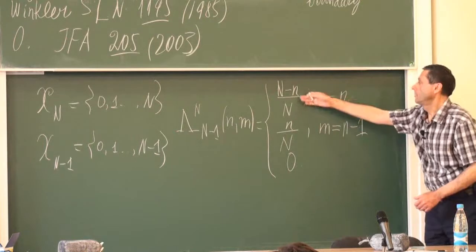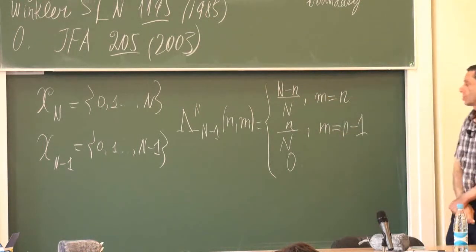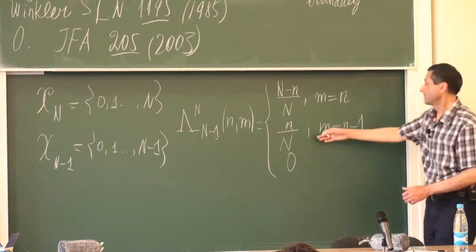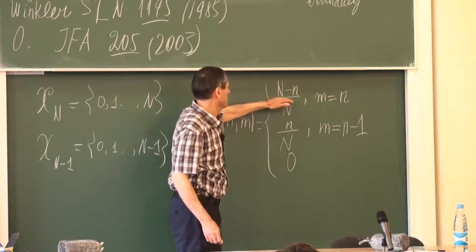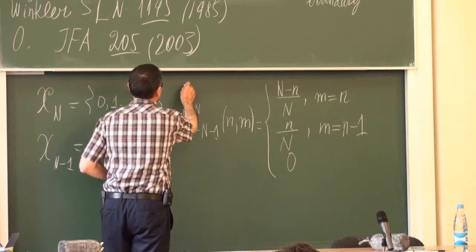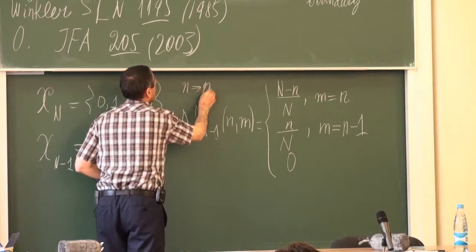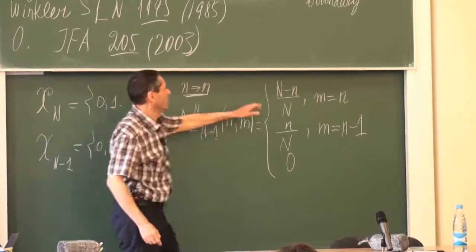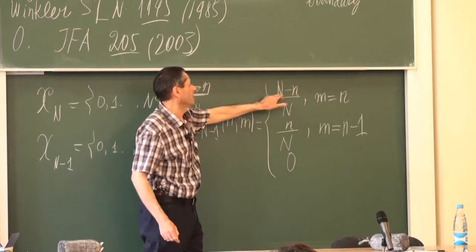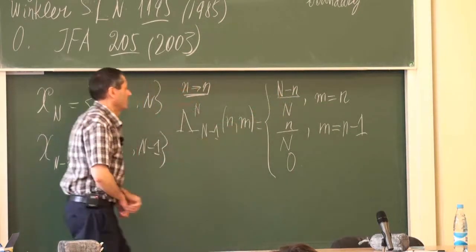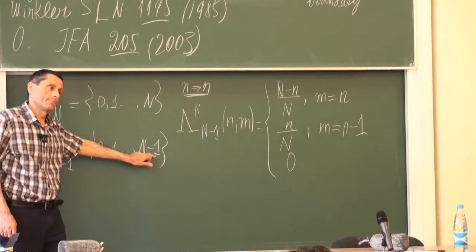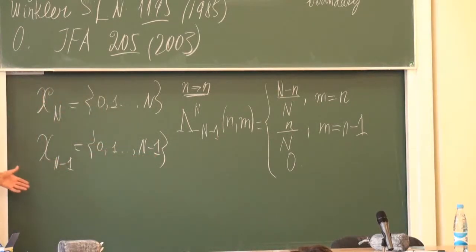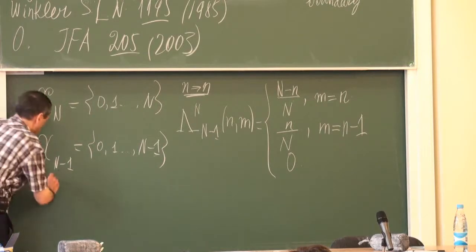So these two quantities sum to 1, and it is automatic here that the passage from n to n is forbidden if small n equals capital N, because there is no such point in this set. Okay. So the question is now, what is the boundary?